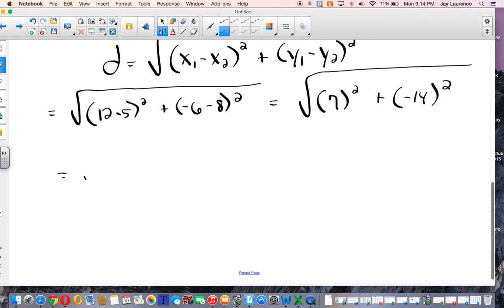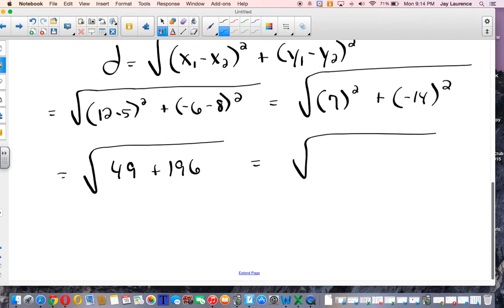which is going to get me the square root of 49 plus 196, right? And that's going to be 245. Now I could use radicals to break that down, or I'll go to my calculator because 245 is not a perfect square.